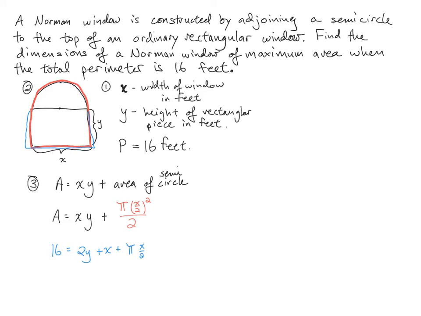So we can use this secondary equation to solve for a variable. I think it would be easiest to solve for y. So I can subtract x and pi over 2 x from both sides of this equation to get this equation here. Then I can divide everything by 2 to get this equation here.